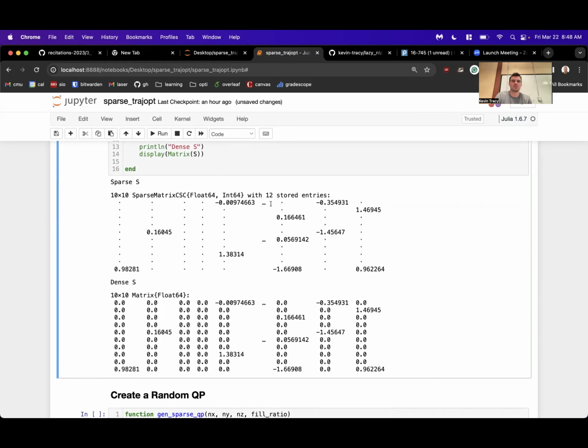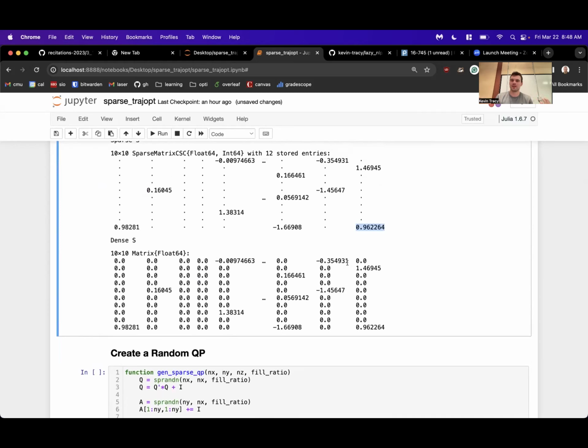Here's the sparse version, here's the dense version. Do you see how all we're doing is not keeping track of the zeros? If it's very sparse, with few non-zero entries, it's worth it to do things in terms of sparse. It turns out that when we do trajectory optimization problems, it's really worth it to do it like this.